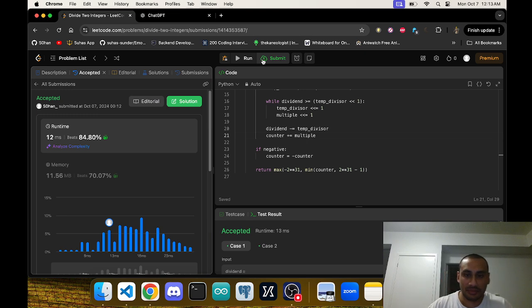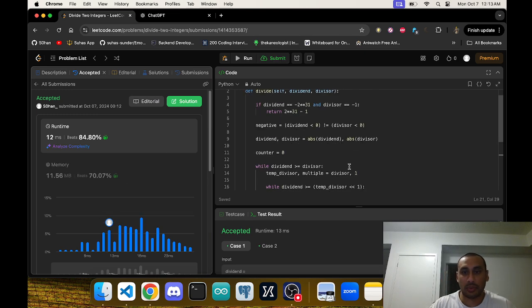So as you can see, it passes all the submissions, passes all the test cases. What we do here is instead of adding and going 3, 3, 3, 3, so 3, 6, 9, 12, 15, we go 3 times 2 is 6, times 2 is 12, times 2 is 24, times 2 is 48, times 2 is 96, times 2 is 192.